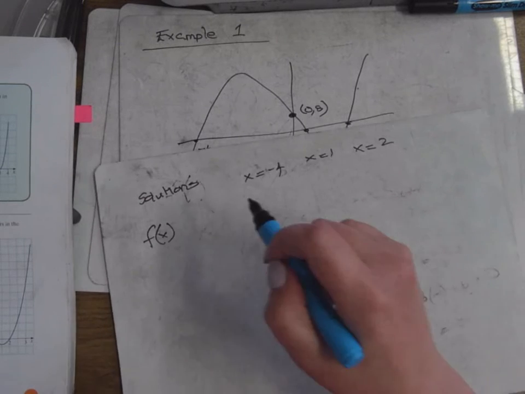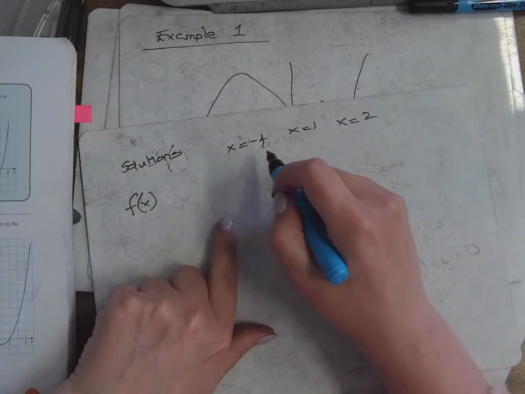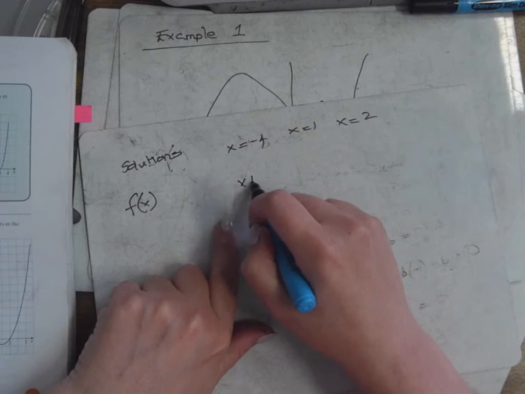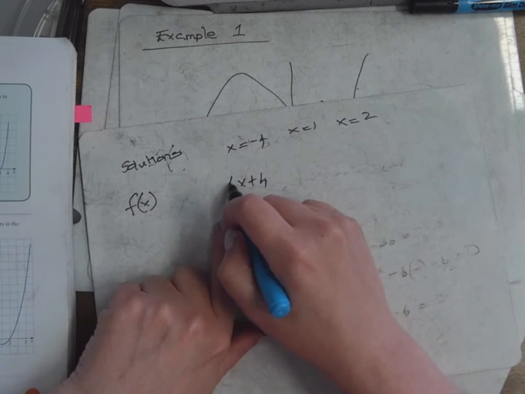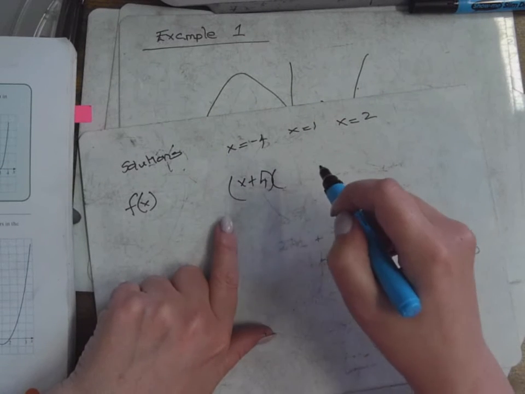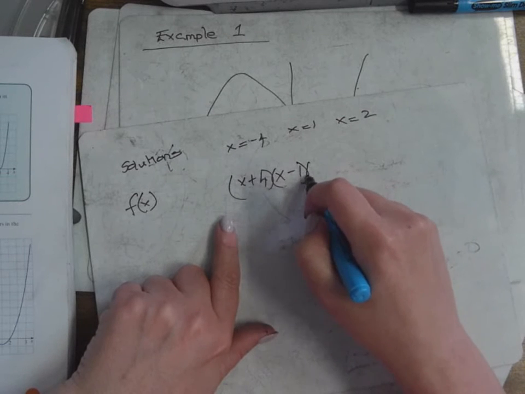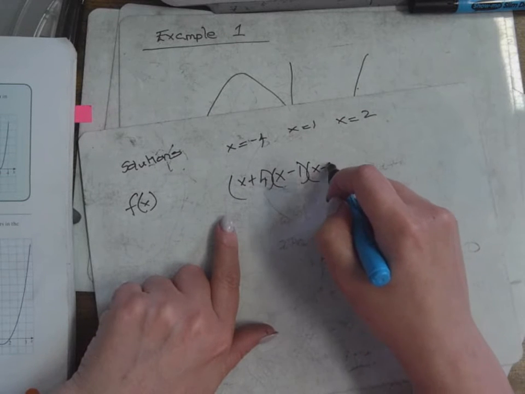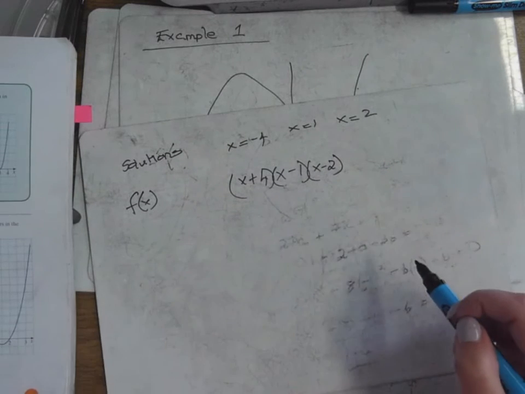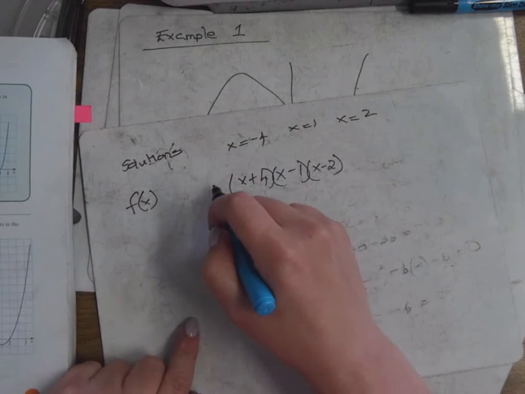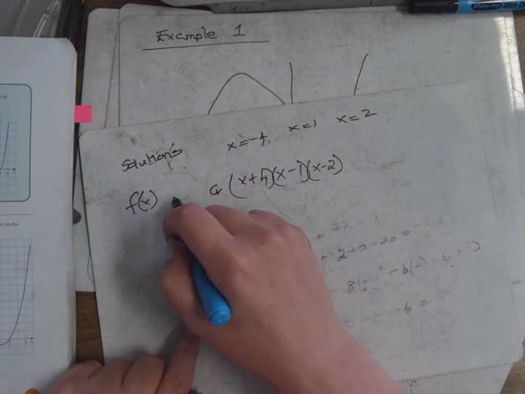Right, okay. So basically, girls, if these are the solutions, the brackets were x plus 4, weren't they? What was the next factor? x minus 1, and the last factor was x minus 2. Now, there could be a constant in front, right? I don't know.